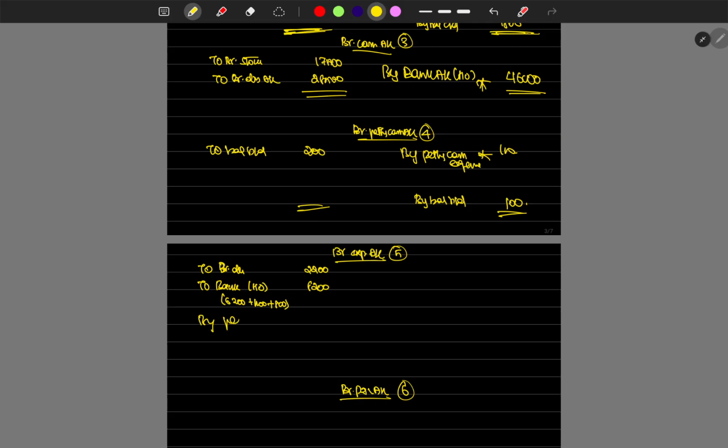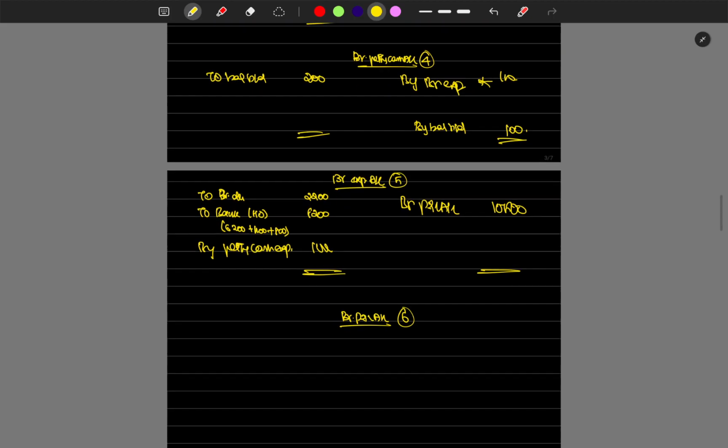By petty cash expenses. This is branch expenses. So 100. Now what would be the total? 2,200 plus 8,200 plus 100, which is 10,500. We are going to transfer it to branch P&L account. 10,500.